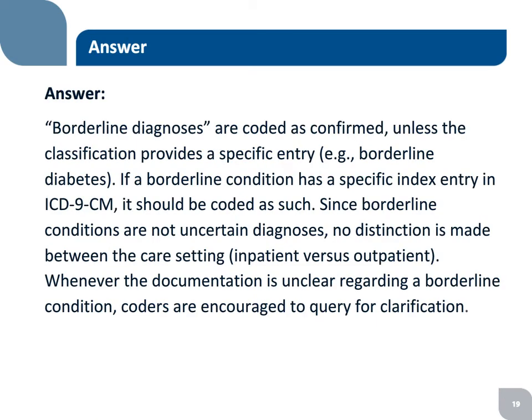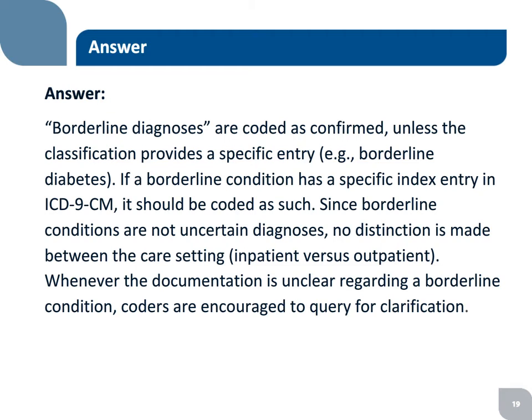When you look up your codes in your alphabetical index, and you go to diabetes, and you scroll down to the sub-classifications, there's a sub-entry for borderline, and that takes you to the abnormal glucose. But when you go to pulmonary hypertension, there is no sub-classification for borderline.